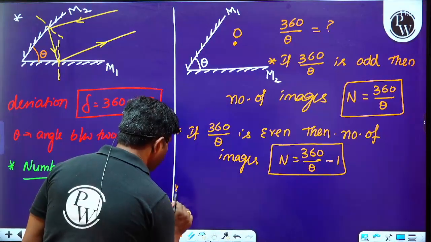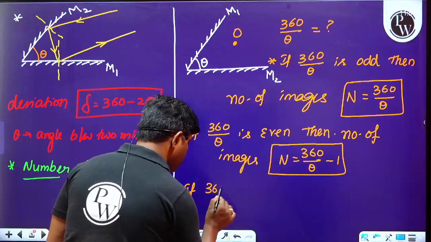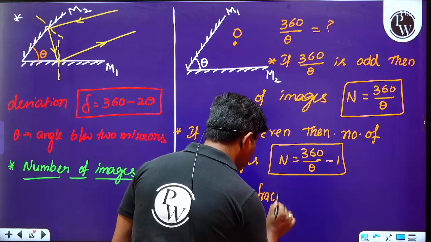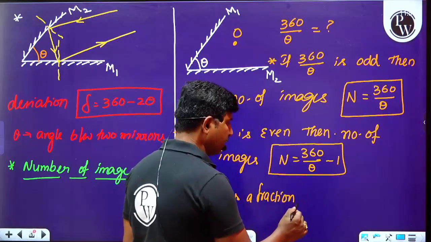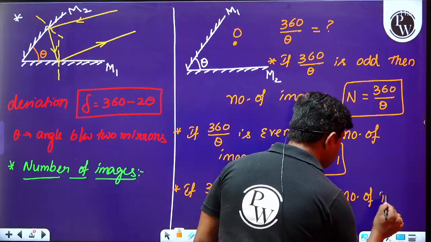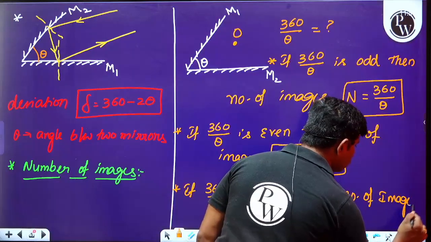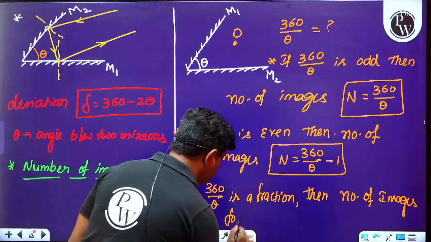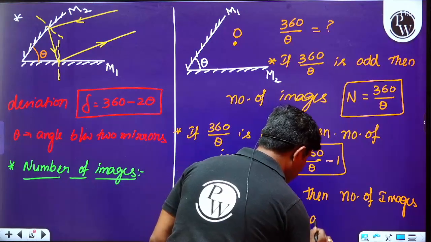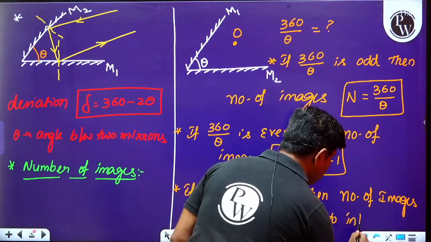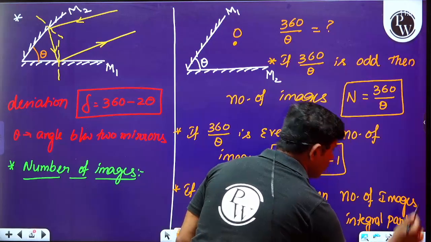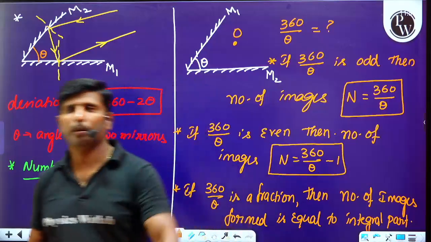Okay. And later, if 360 by theta is a fraction, then the number of images formed will be equal to the integral part of that fraction.